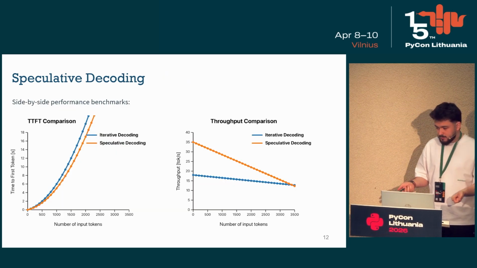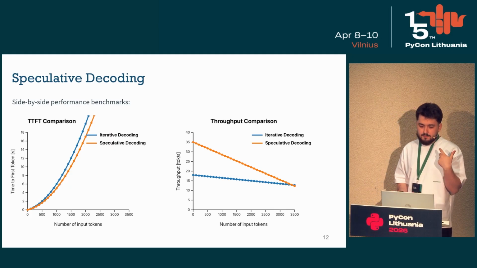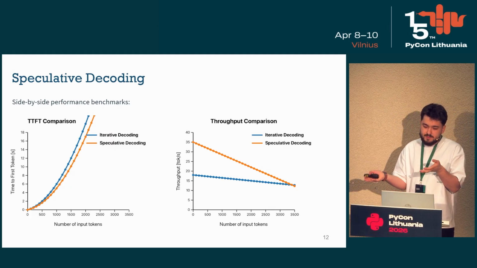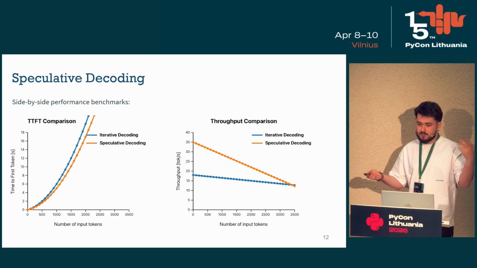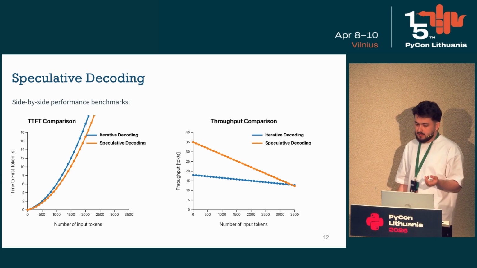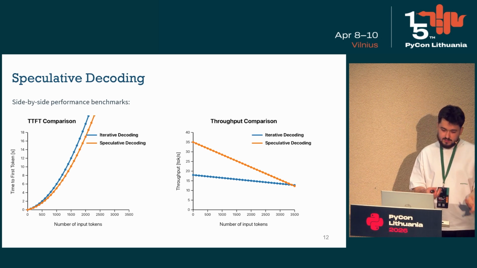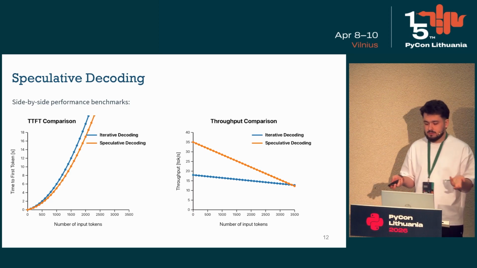Now, it was also important to see how we speed up the generation. For the performance measurements, we are using exactly the same metrics as everyone else uses in LLMs: time to first token and throughput. In time to first token, we actually didn't change much, because speculative decoding is intended to improve the throughput.